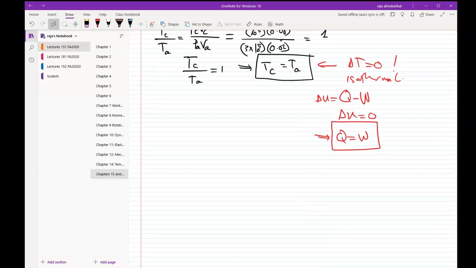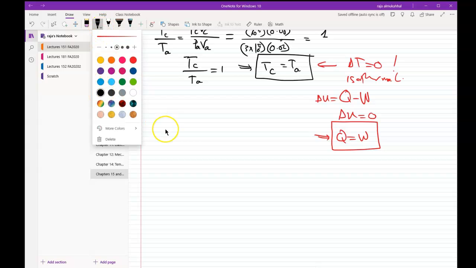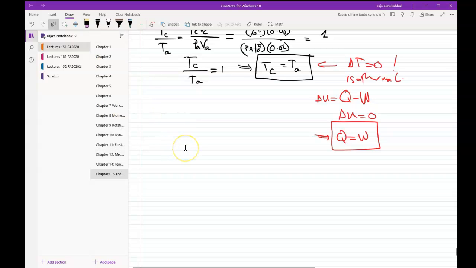Okay, let's see how we do this. Part B. So here we have, let me just write all that stuff down again. T_A equals T_C, and therefore delta U equals 0.